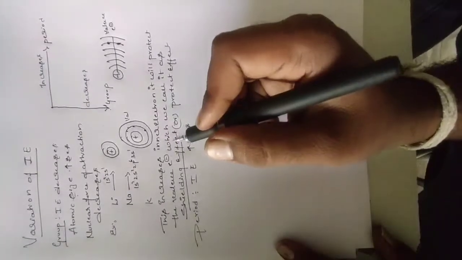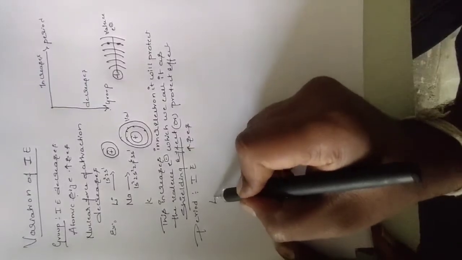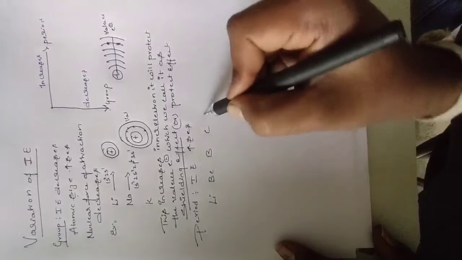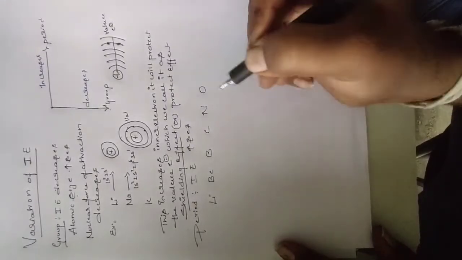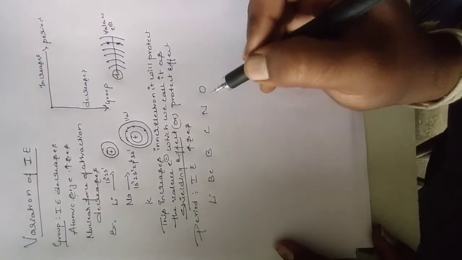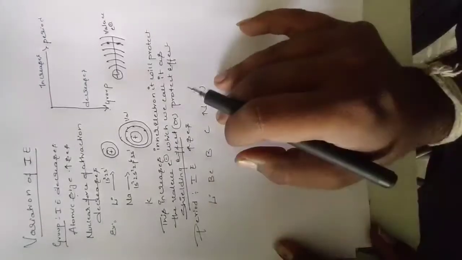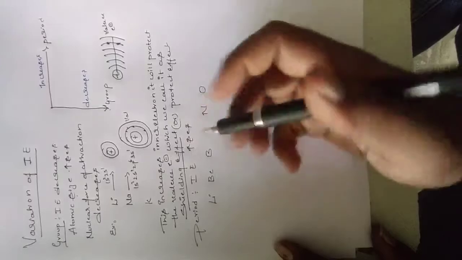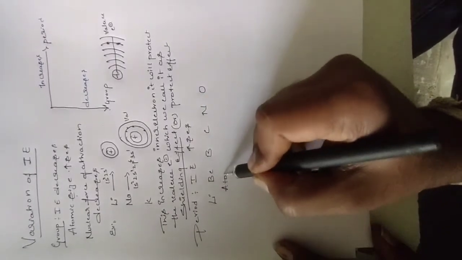Why does it increase? We take the third period, that is lithium, beryllium, boron, carbon, nitrogen, oxygen. Because from left to right of the periodic table, atomic size decreases. You see what happens here? It is opposite.